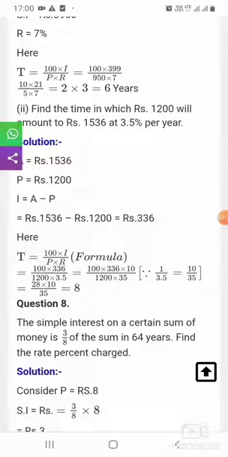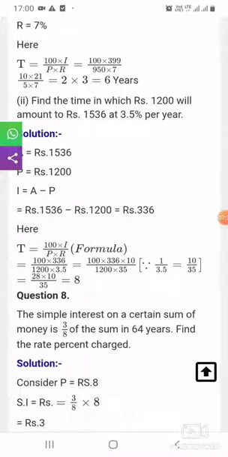Please make a cancellation here, so you can cancel 2 zeros in the numerator, 100 and 1200, so 12 we are going to get, and now simplifying that, 5 2s 5 7s, so we got 2 by 7. Now for 7 again, 7 4s 28, so 28 into 10 by 35, that is 8 is what we got as a time. That means how many years? 8 years is the time period.